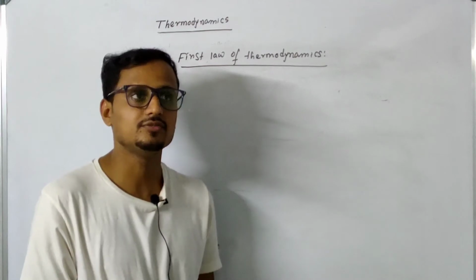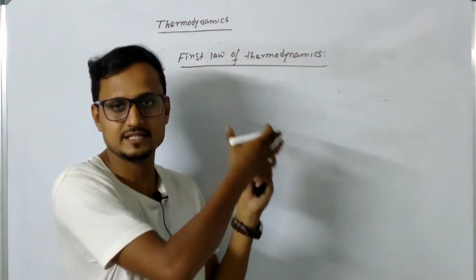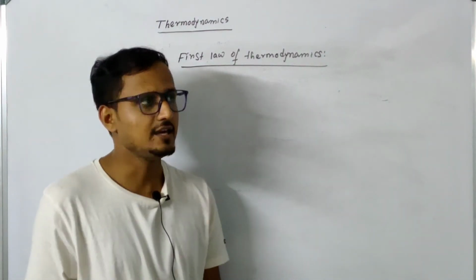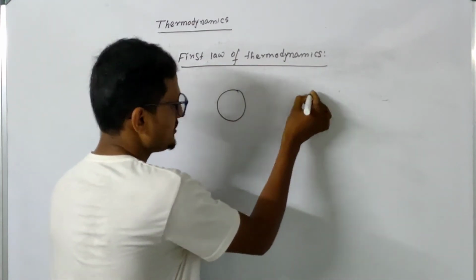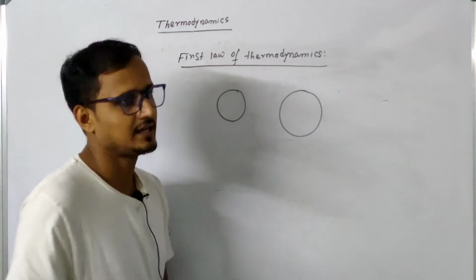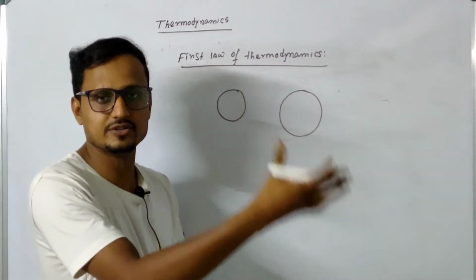Now how can we express this first law of thermodynamics mathematically? If a system changes its state from one state to another, then its internal energy will differ.